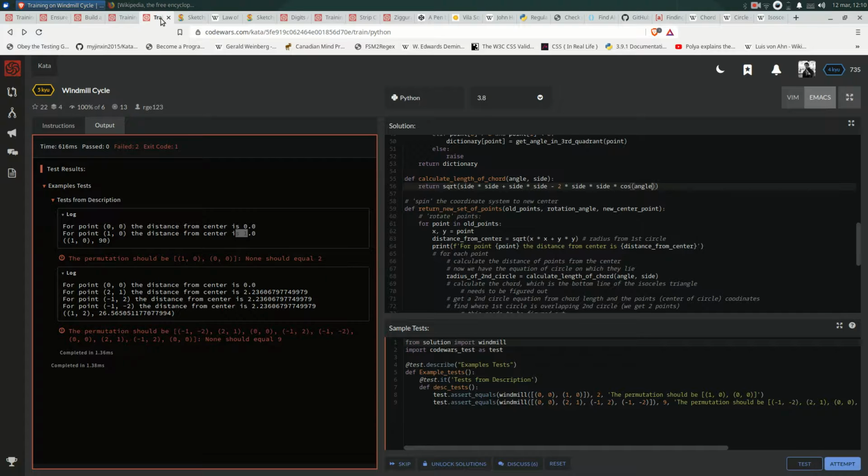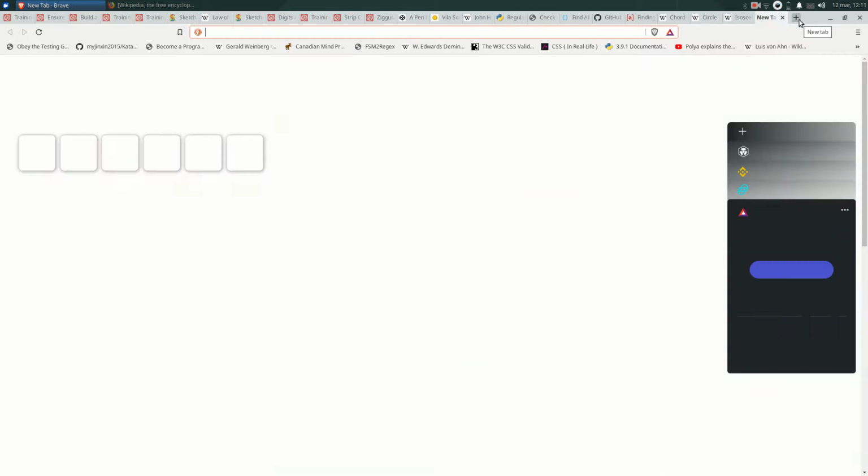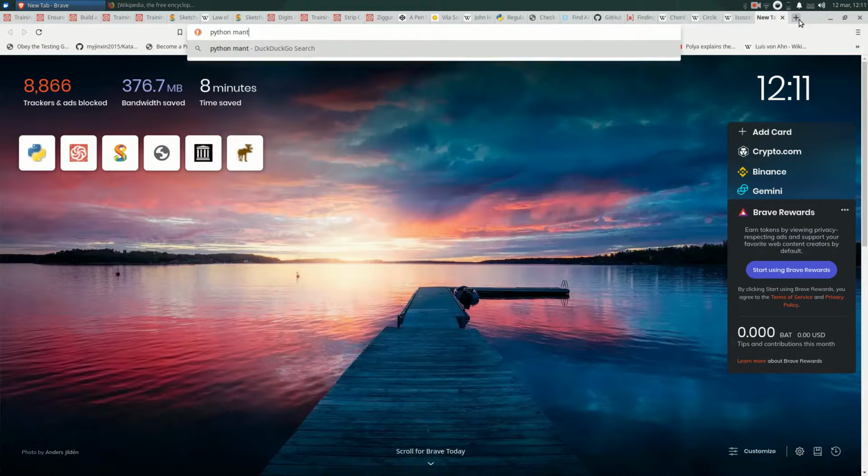That should be a negative number. Oh no, it won't, because it is multiplied by cosine. So we say 2 times that, and cosine of angle, I guess it will be less than 0. So say Python math.